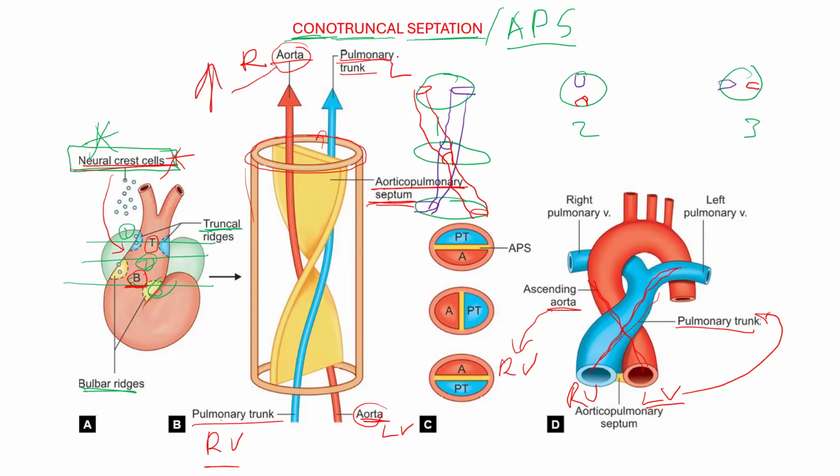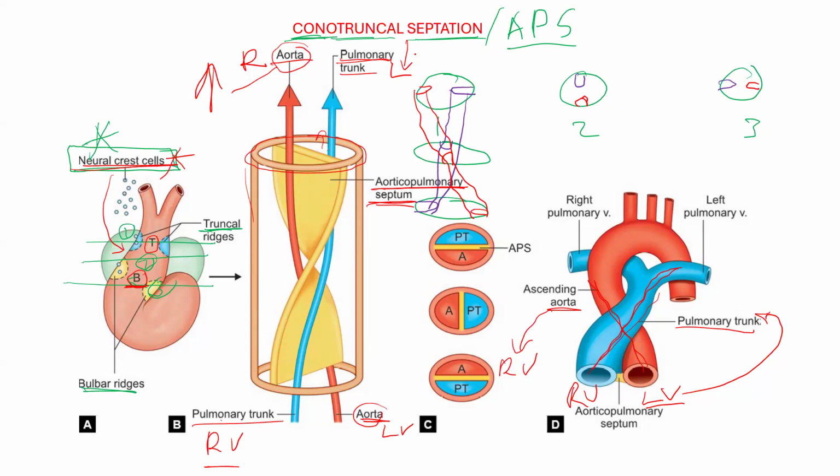The pulmonary trunk will be small in size. So even if the septation was spiral but did not occur at the midline, one of the outflow tracts, in major cases the aorta, is big in size, so it's overriding. And the pulmonary trunk is small in size, it's stenotic.